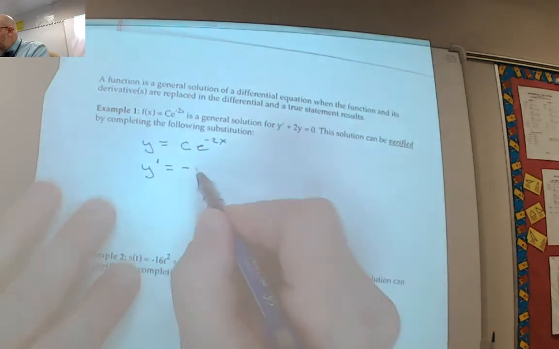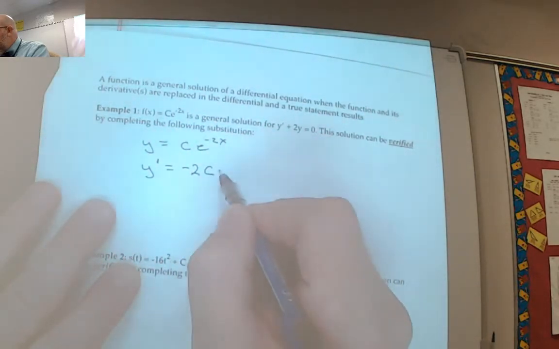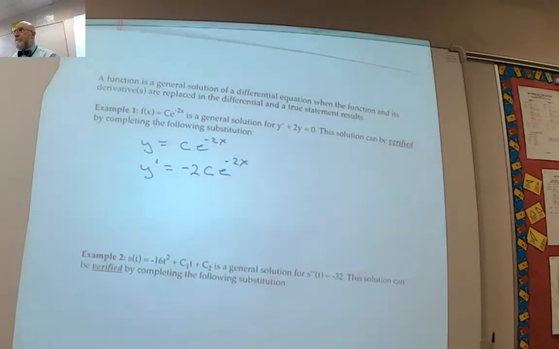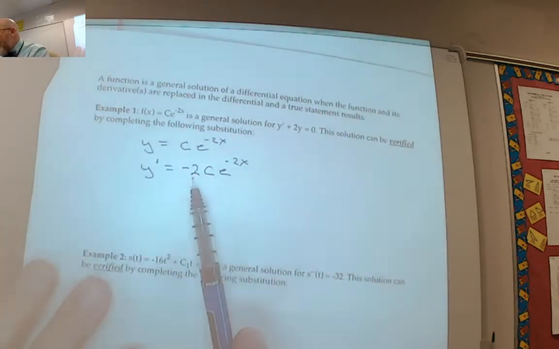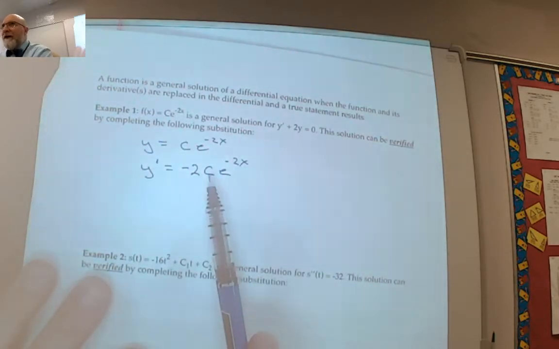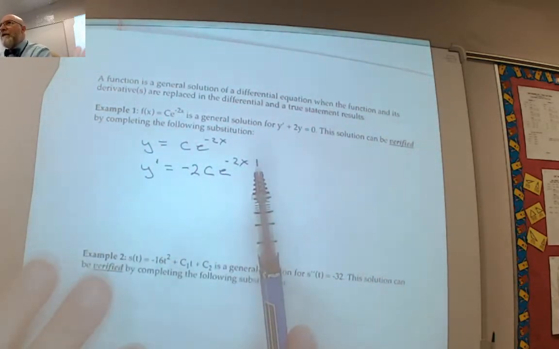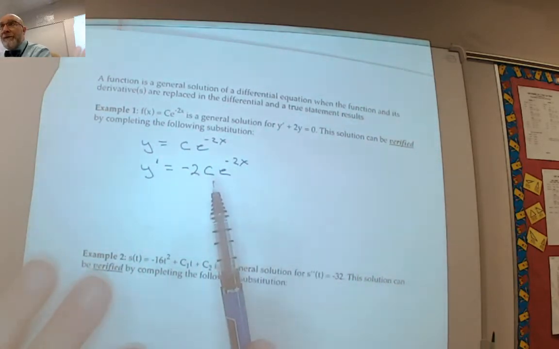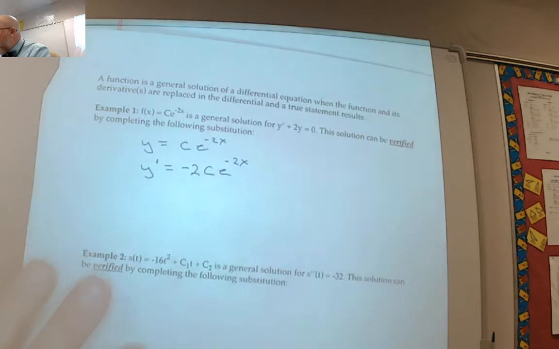Would you agree that I get negative 2 c e to the negative 2x? You get e to the negative 2x, and then you have to take the derivative of negative 2x, and you get a negative 2. Now, I know negative 2 is a constant, and I know c is a constant, and I know when I multiply them together I would get a constant. But with verification, I'm going to leave it just like this. And I know it's verification because it asked me to verify it.